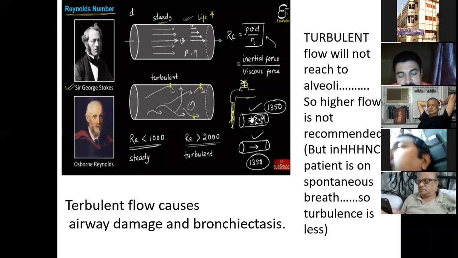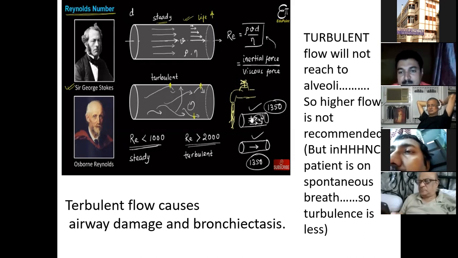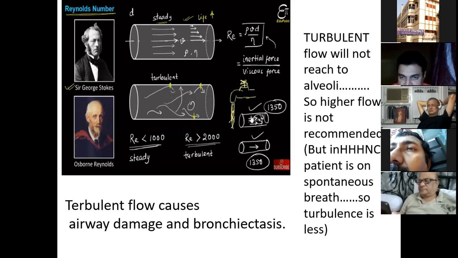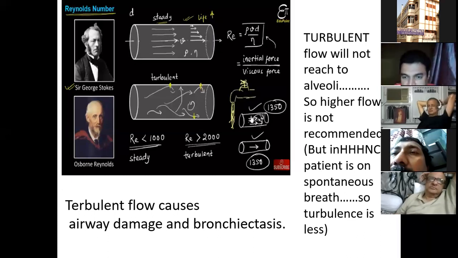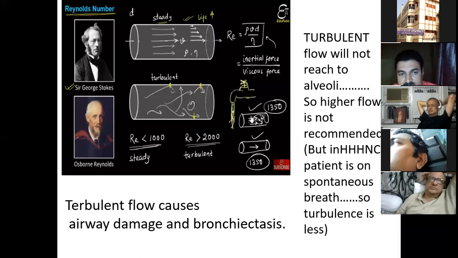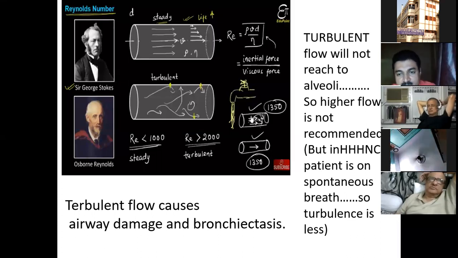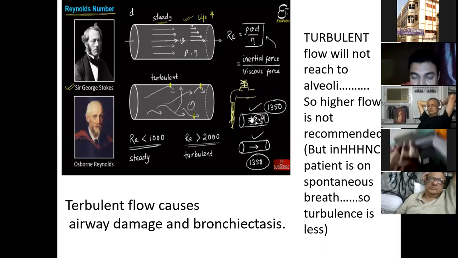So in spontaneous breathing, the high flow is limited to up to 10 generations or a maximum of 12 generations. Subsequently the branching is such that streamline flow is still working, and probably this is the cause of not too much turbulence in the airway.